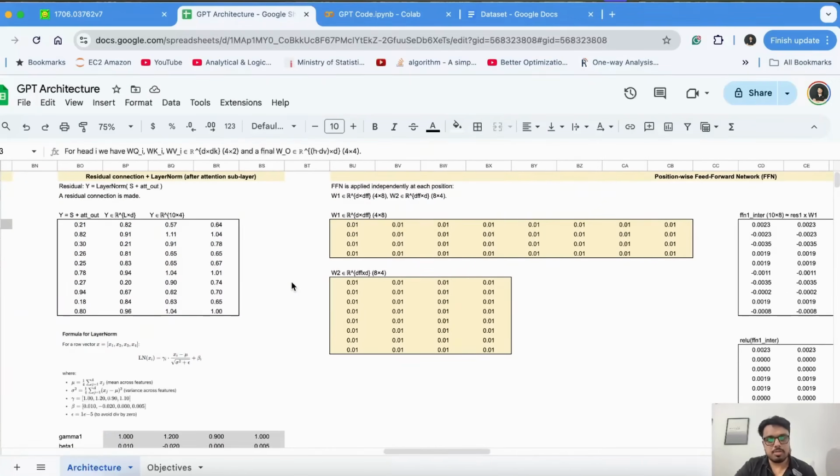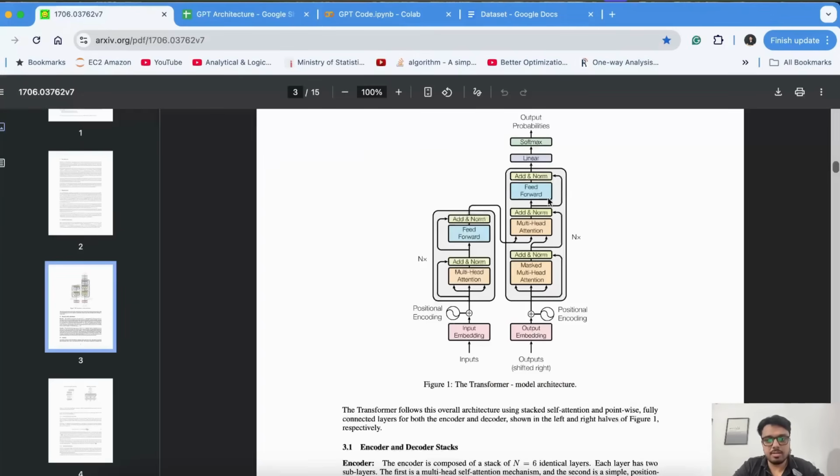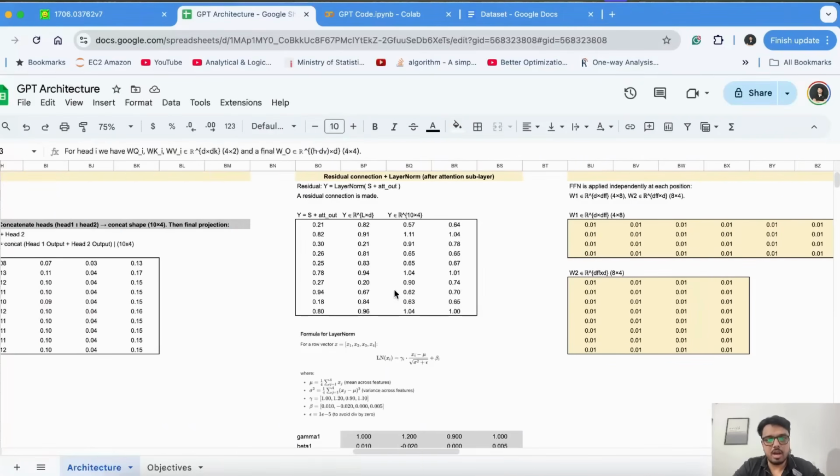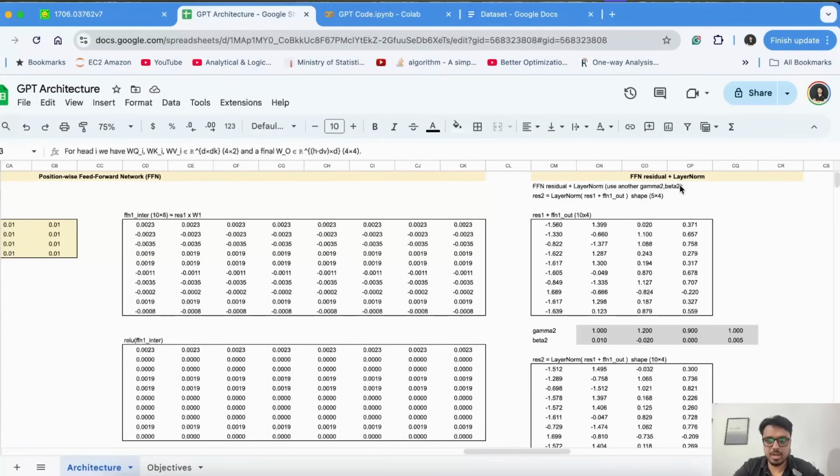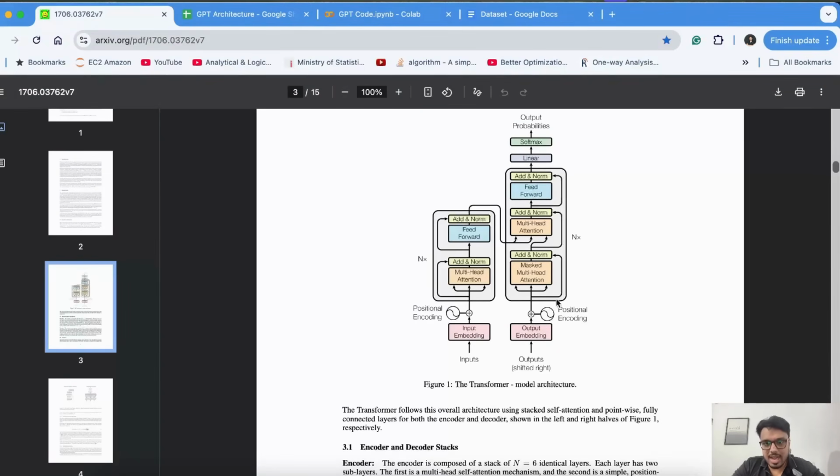So that's the essence behind the multi-head attention and feed forward layers, with a normalization after attention and a residual connection and normalization after the feed forward network. This entire thing is what we have covered till now.